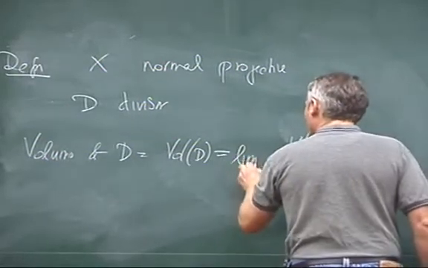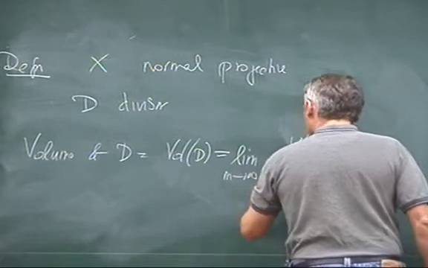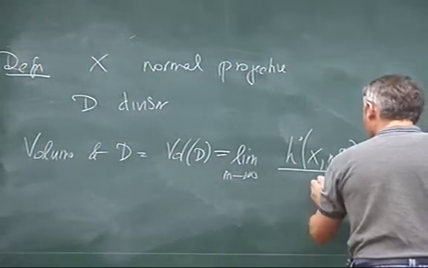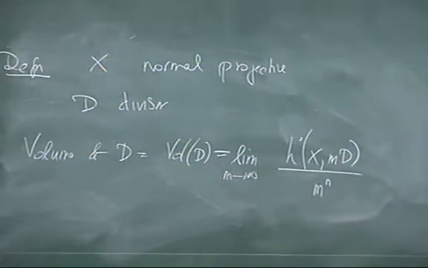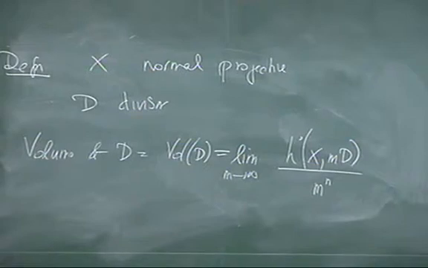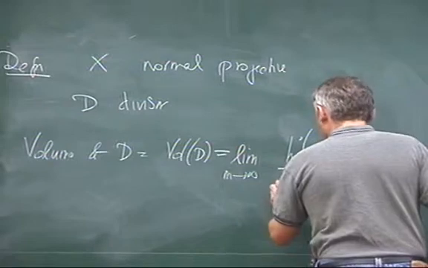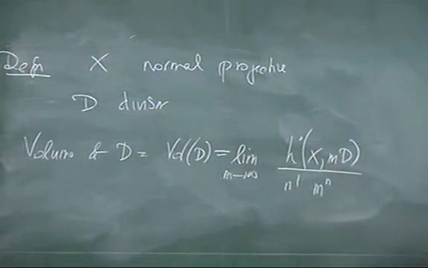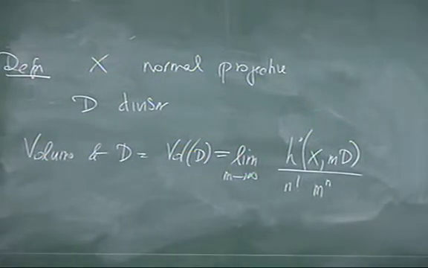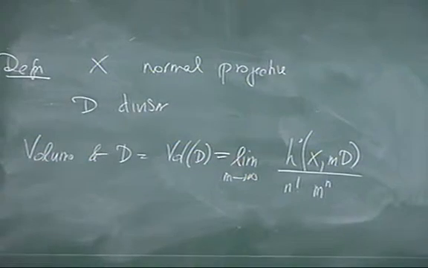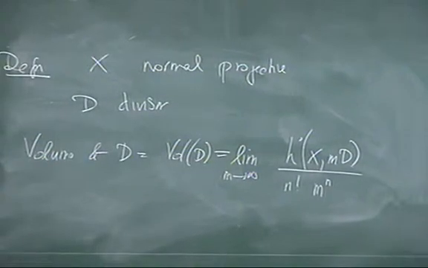So I can just take the limit as m goes to infinity. Well, I want to normalize, of course. So I divide through by m to the n. And then actually, if you think about Riemann-Roch, I want to divide through by n factorial as well. So the point is that if D was an ample divisor, that would just be the leading term in Riemann-Roch.